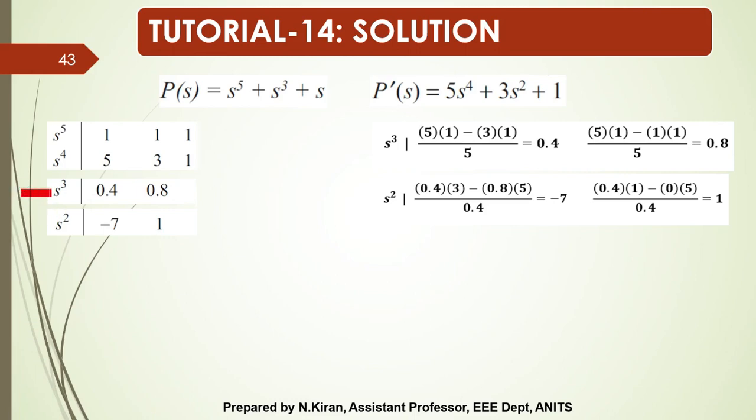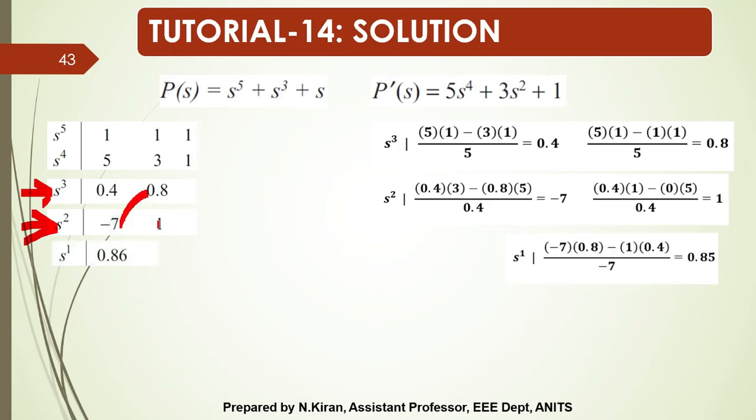Now considering these two rows, to get the elements corresponding to S power 1, using the formula minus 7 into 0.8 minus 1 into 0.4 divided by minus 7, which is 0.86. Obviously we will not get any other terms because there are no elements here.